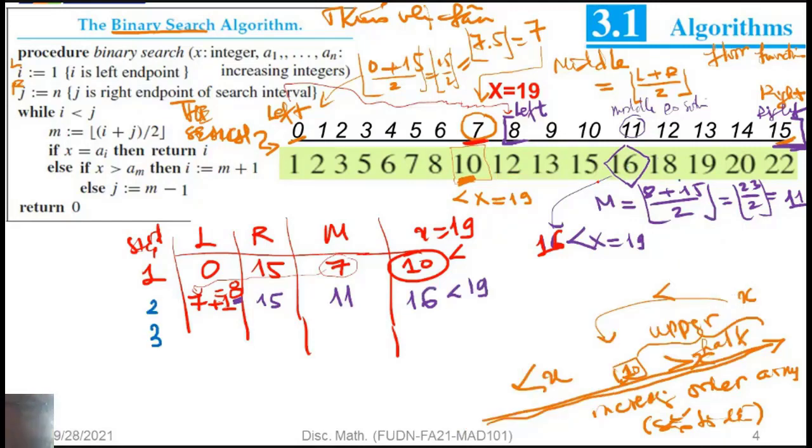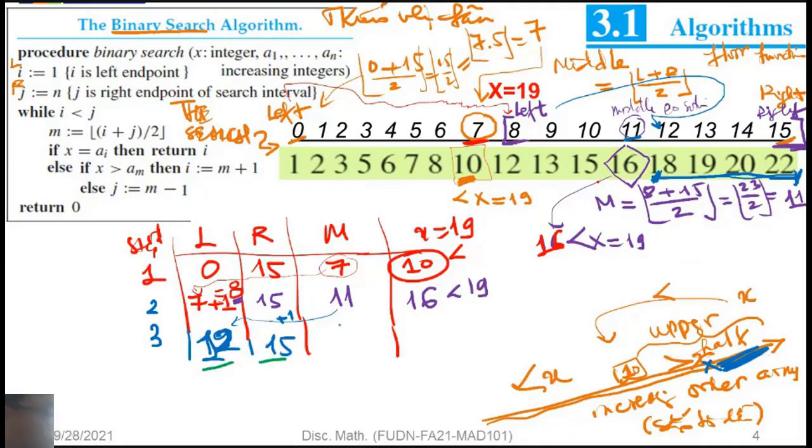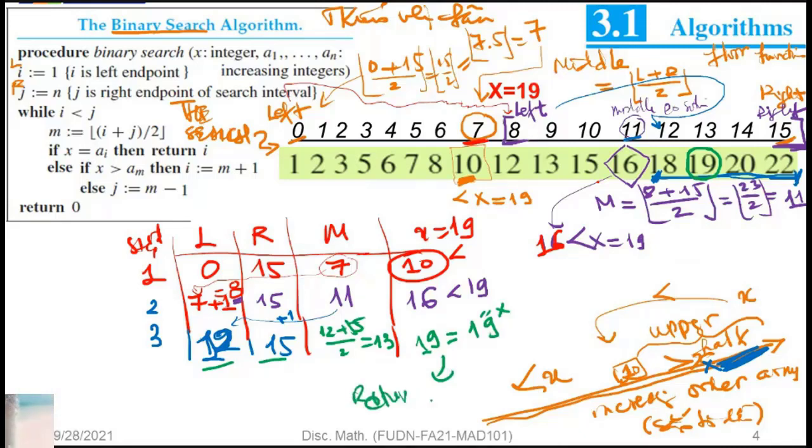We search in this sublist because h is greater than the middle. Then we search from 12 to 15. The middle is 13, and the element equals h. We stop the search here and return the index 13. The search stops here by this statement.